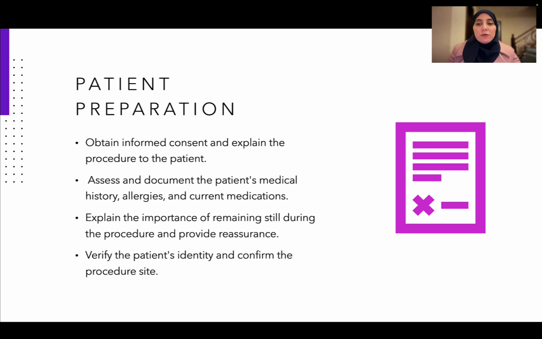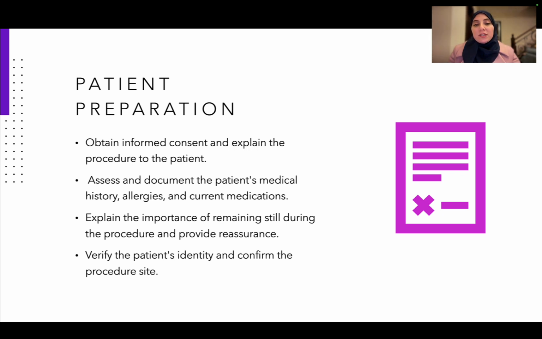Then if we go to the patient preparation, so you always make sure that there is an informed consent done by the doctor, witnessed by you or other nursing staff, and you make sure that the patient knows the procedure. And then, as usual, documentation is of utmost importance.